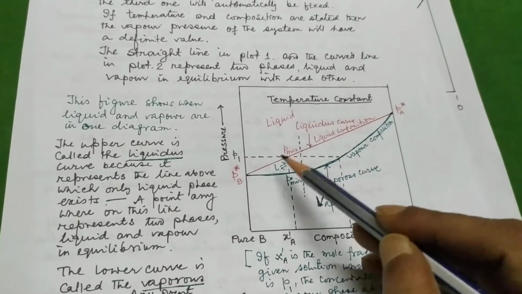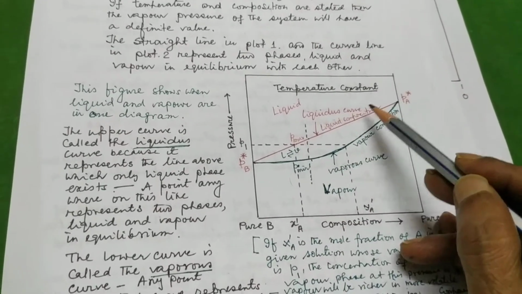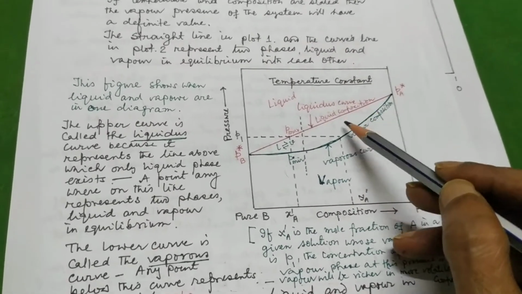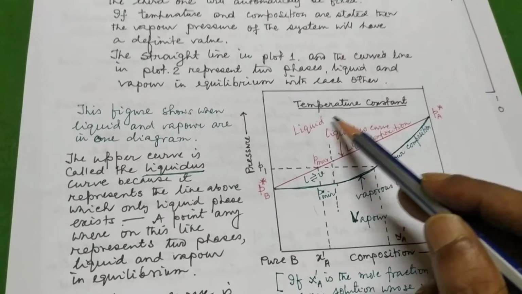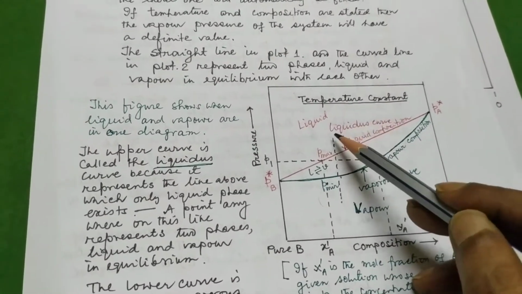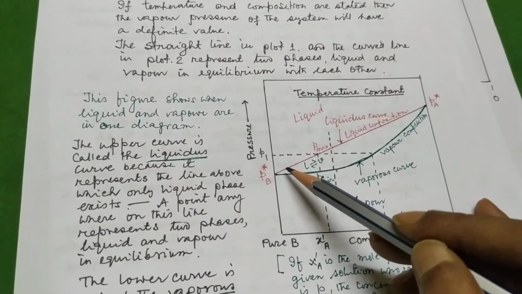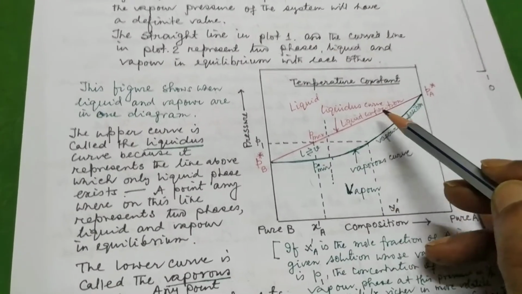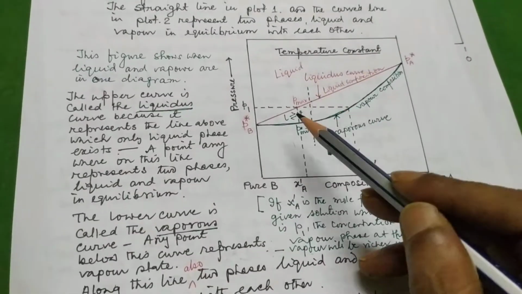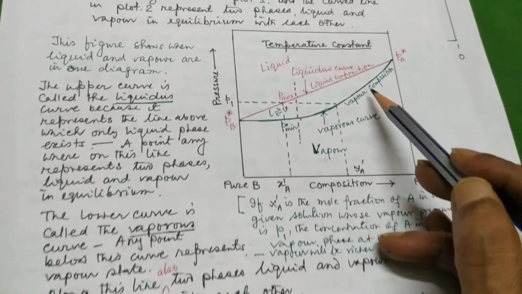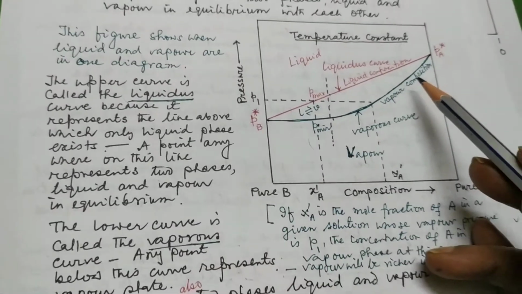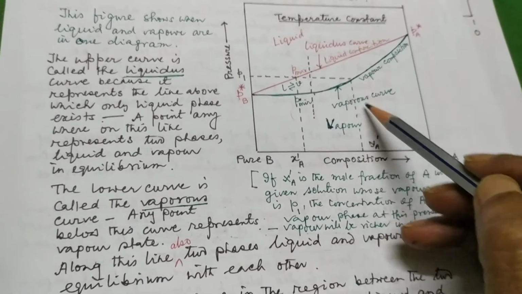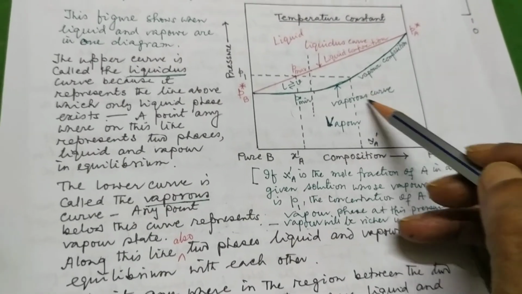Now this upper curve, the red one, is called the liquidus curve because it represents the line above which only liquid phase exists. A point anywhere on this curve represents two phases, liquid and vapor, in equilibrium. The lower curve is known as the vaporous curve. Any point below this curve represents the vapor state.